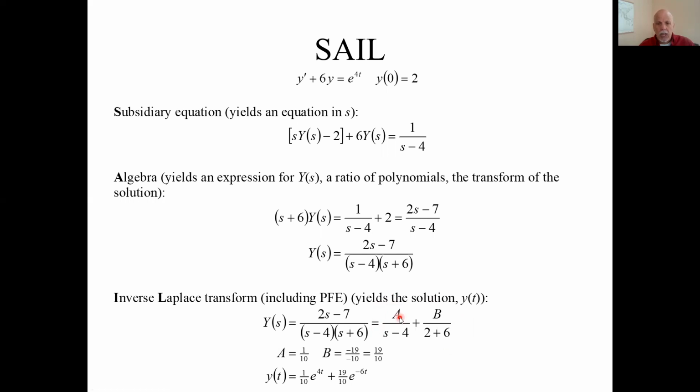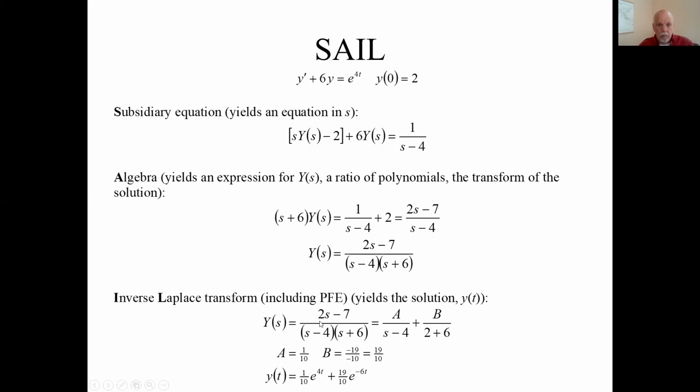Let's see, what is A? Cover up the s minus 4 and evaluate the rest at plus 4. This will be 8 minus 7, which is 1, over 4 plus 6, which is 10. And the B, cover up the s plus 6 and evaluate the rest at minus 6. This 2 should be an s, typo.